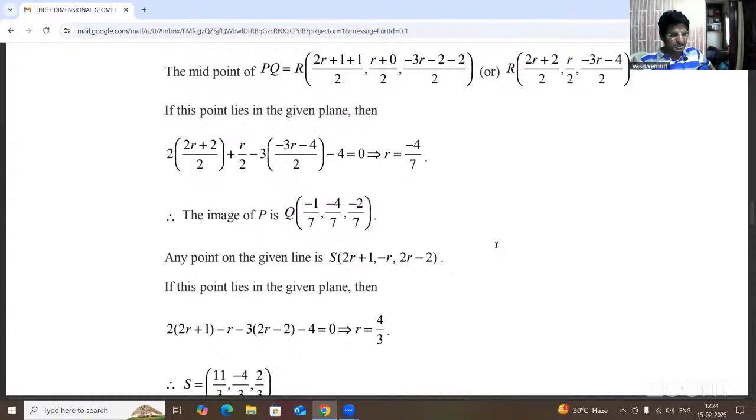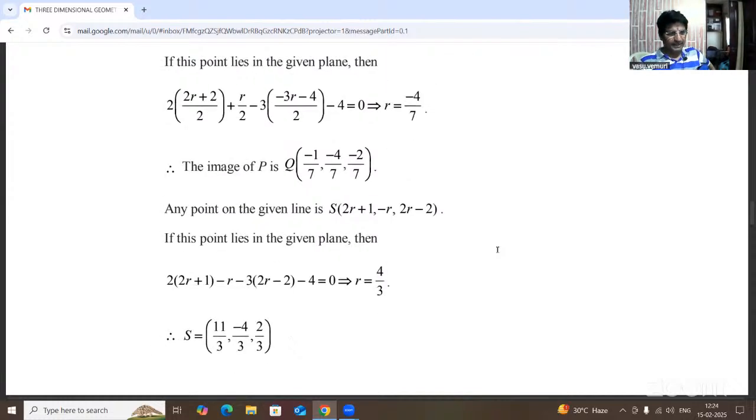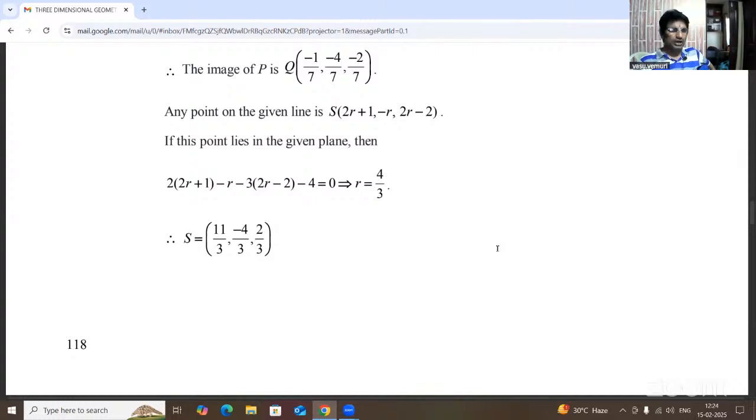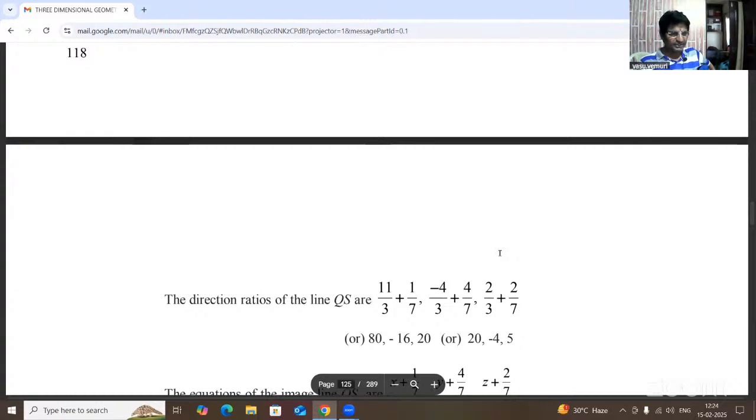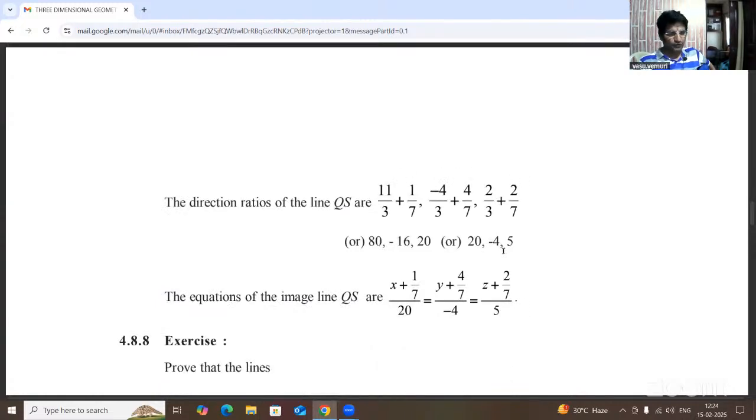That is the S point, and the Q point is the other one. Substituting that point in the given plane, the r value is obtained. So another point is capital S equal to 11 by 3, minus 4 by 7, 2 by 3. So the direction ratios of the line QSR are 20, minus 4, 5.